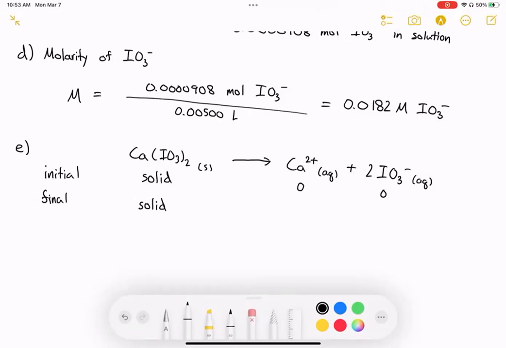And then as the reaction goes forward, it'll produce some calcium. That's going to be X, because we don't know the calcium. But iodate is a little bit different, because initially in solution there was already 0.010 molar. So we add that to get our final value of 0.010 molar plus 2X. Okay, so now we have to solve for that.